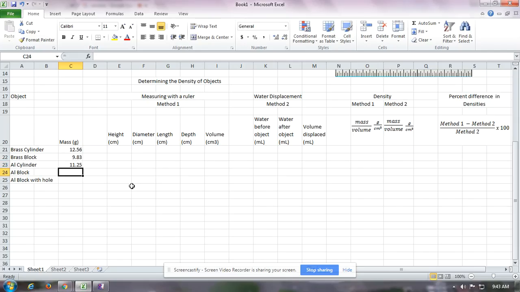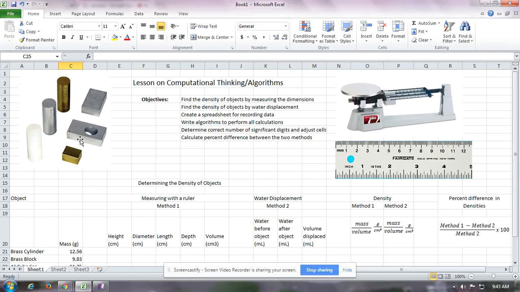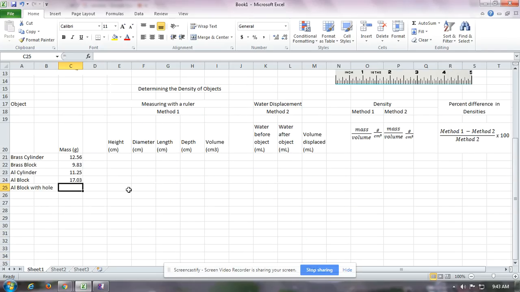The block is a little bit bigger, I think, 17.03. And the one with the hole in it, up here, they'd have to do a little extra calculation, which I didn't put on here, but they could. 16 point, that might be another teaching moment for them.